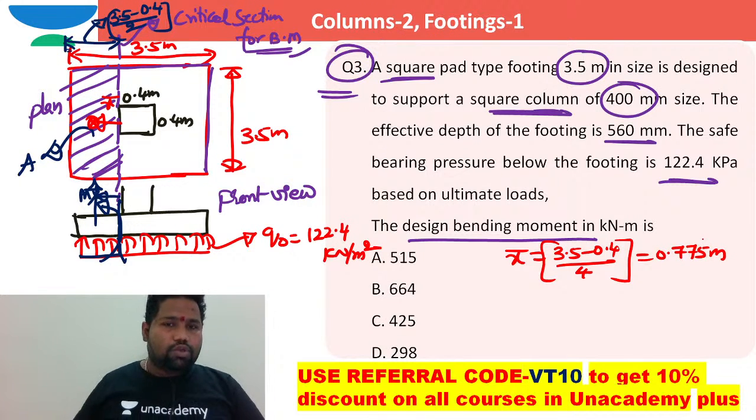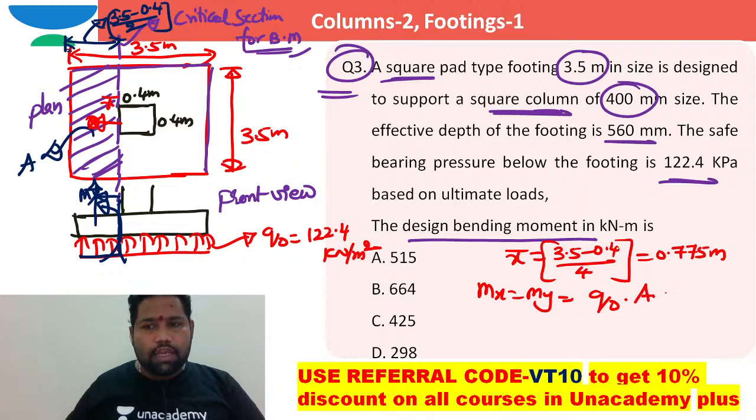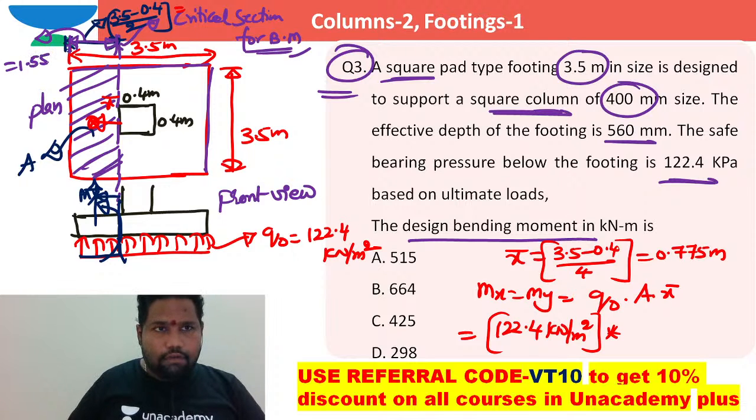So can I work out bending moment with respect to x or with respect to y? The answer is Q naught into A into x bar. Q naught is 122.4 kilonewton per meter square into area. What is the area of the hatched portion? This dimension from here to here is 1.55 meter.